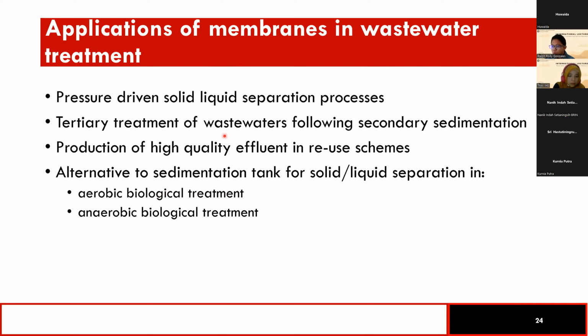So wastewater ultimately will be treated using biological processes so that we can get more materials, more useful resources from this waste. And how do we do that? We first treat the wastewater using membrane technology.